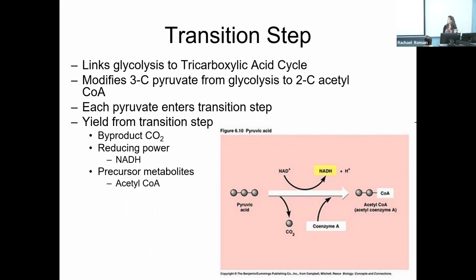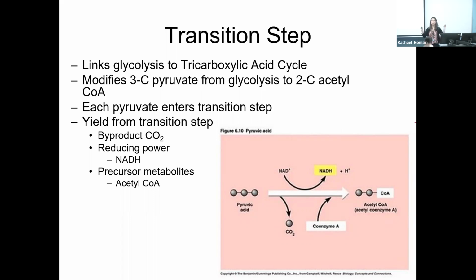The next one is called the transition step. The transition step is also called pyruvate oxidation, okay? The goal of this is that the product from glycolysis, pyruvate, can't just go into the TCA cycle. It's not compatible.